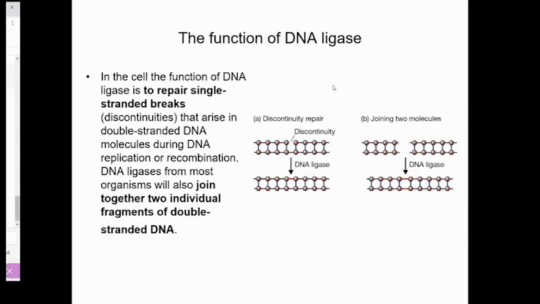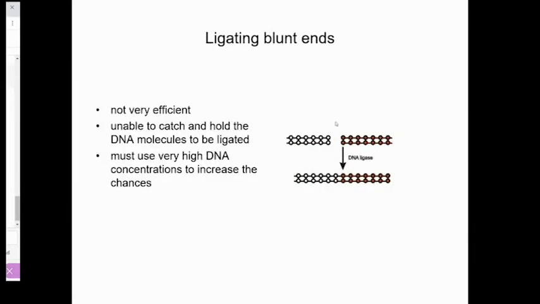So you need the DNA ligase. So you can ligate these blunt ends, these are 2 different DNA molecules. Then you can ligate them together, but it's not very efficient because you have to repair this phosphodiester bond.